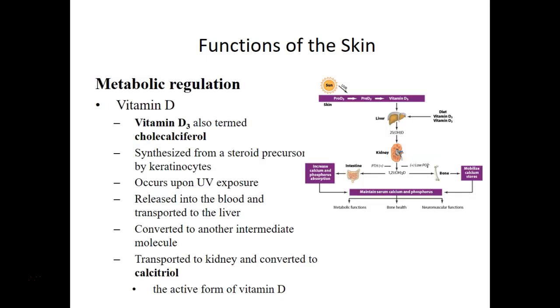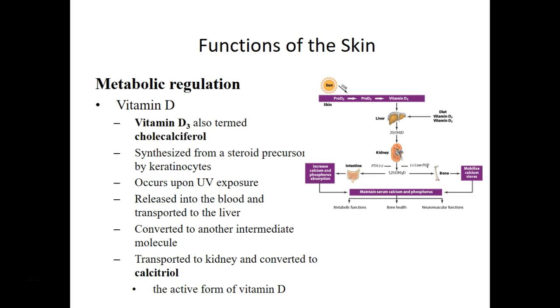Vitamin D. So our skin actually helps in producing vitamins. The vitamin that we produce is vitamin D, whose active form is known as calcitriol. So vitamin D and calcitriol are the same. And vitamin D helps us to absorb calcium.